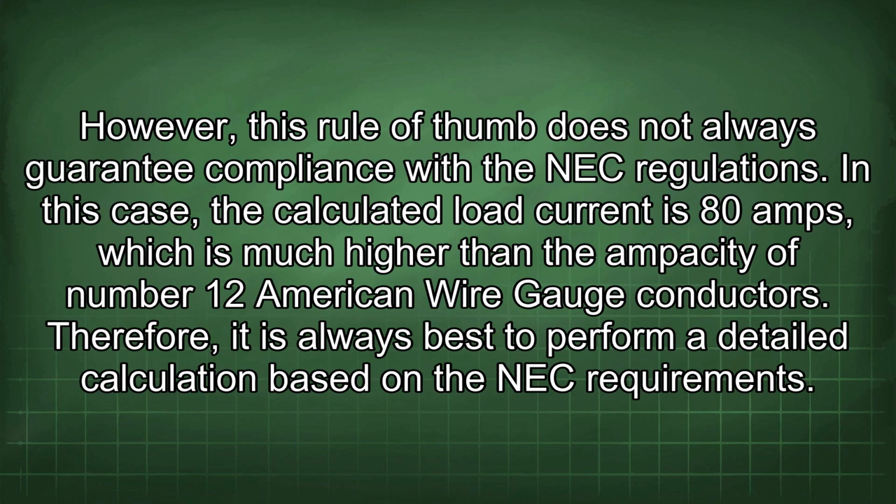However, this rule of thumb does not always guarantee compliance with the NEC regulations. In this case, the calculated load current is 80 amps, which is much higher than the ampacity of number 12 American wire gauge conductors. Therefore, it is always best to perform a detailed calculation based on the NEC requirements.